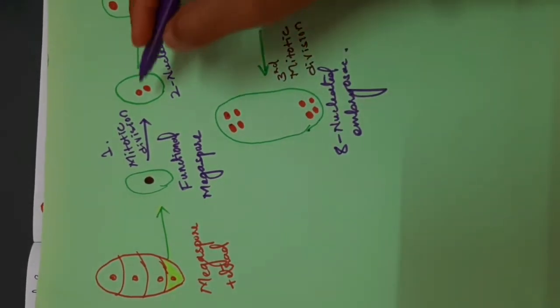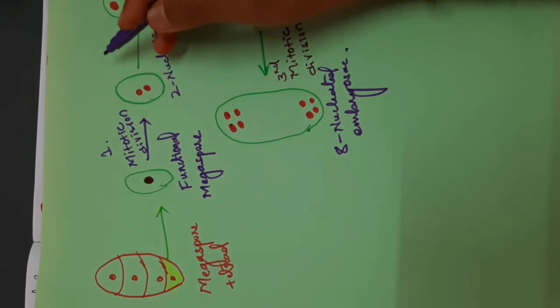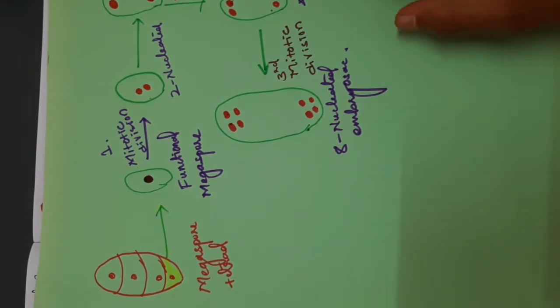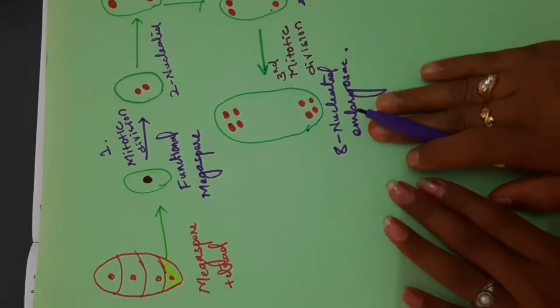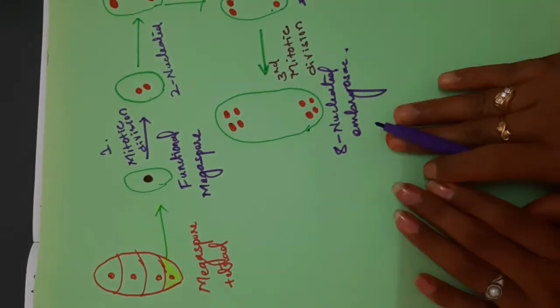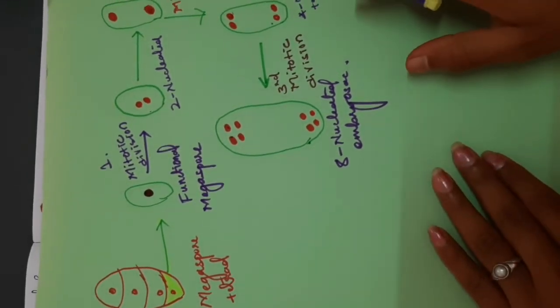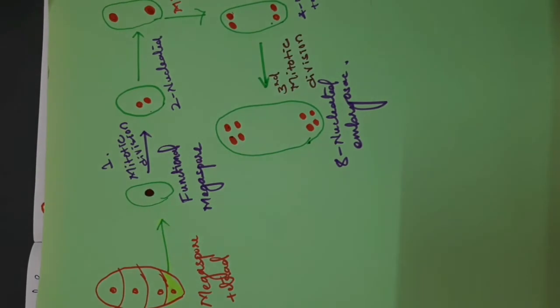Usually wall formation happens as soon as the nucleus divides, but here you cannot see any wall formation up to the 8 nucleated stage of the embryo sac.